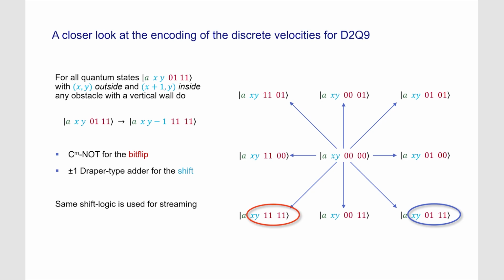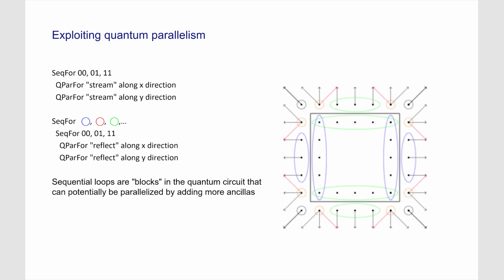Putting this all together, we have these multi-controlled NOTs for the bit flips, and we have the Draper type adder. That's the shift that I just presented before, with the inverse QFT.